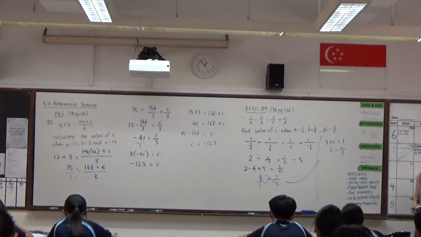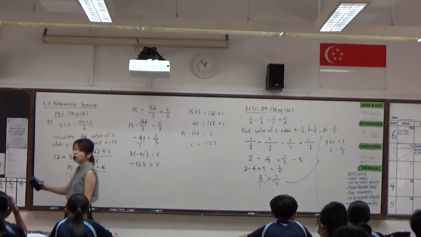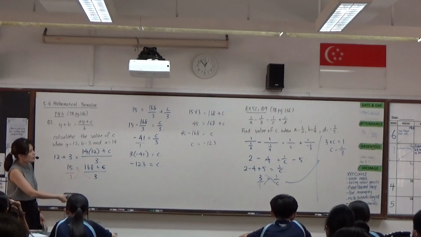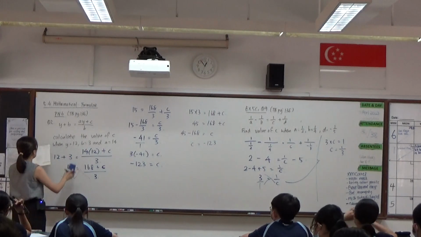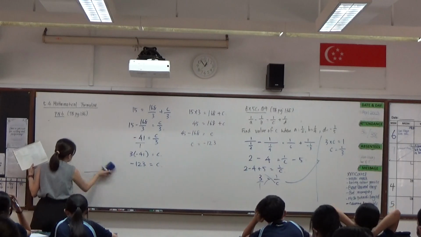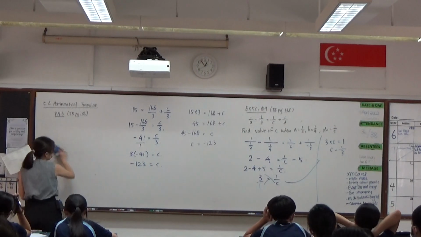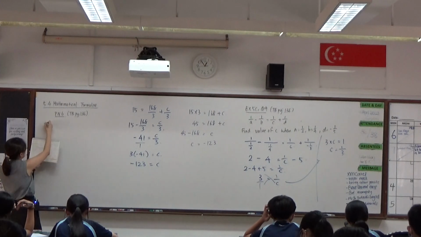So in mathematical formulae, this topic itself is really about putting the numbers in and then shifting here and there. That's the whole purpose of this topic. And it requires skills that you need for your WA tomorrow as well.